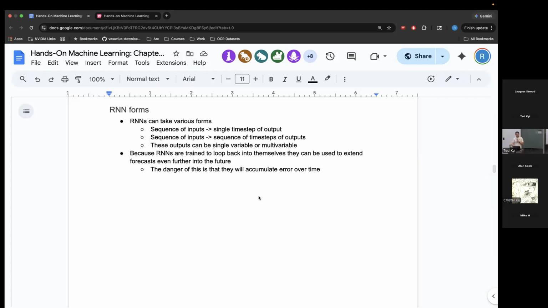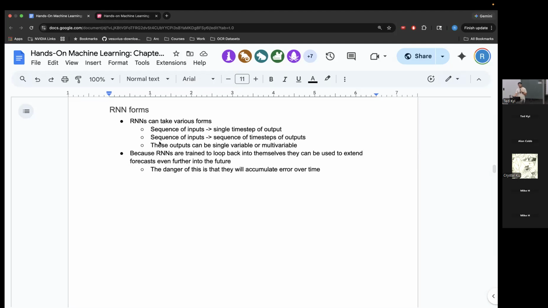So in the book, they mention sentiment classification. If you think of a sentence as a sequence of words, what you can do is read all of the words and then at the end you say positive review, negative review, or something like that. And so in that sequence, you're not making an output for every single word. You're just saying, I read the whole sentence. Here's my final output. Here's my assessment of that entire sequence.